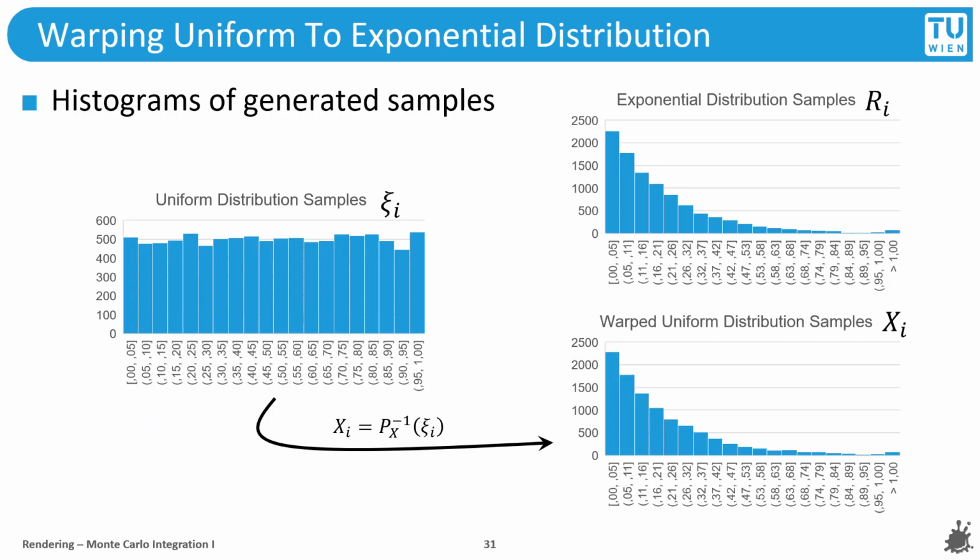So in order to evaluate how well our warping method performs, we have plotted here histograms of the values that we get out of the different random variables that we have created. We have in the upper right-hand corner our reference, that is a variable that was created with an exponential distribution by the C++ standard library. We have on the left-hand side the samples and the histogram of all the values that are generated by samples from the uniform input distribution Xi.